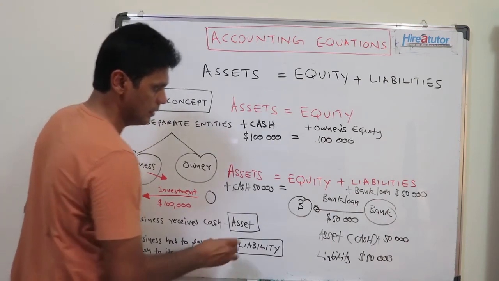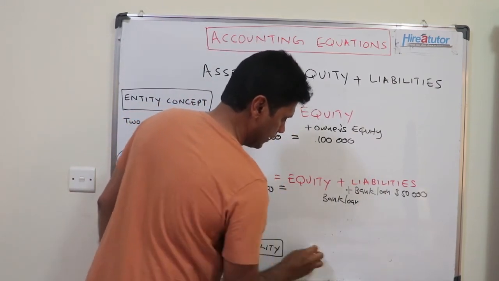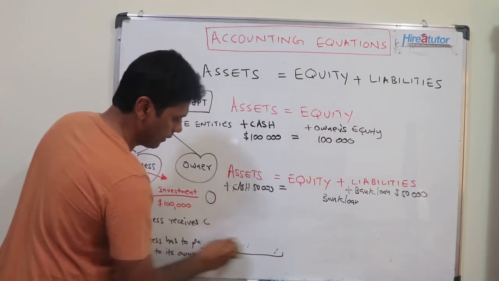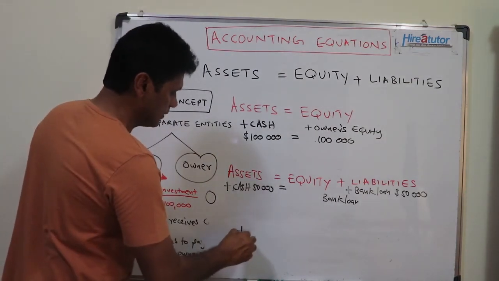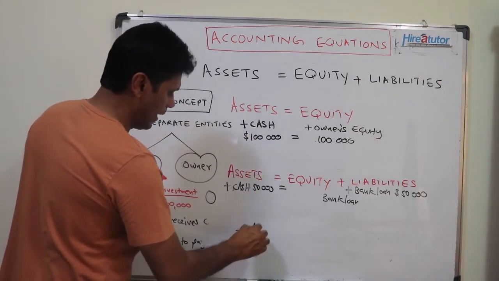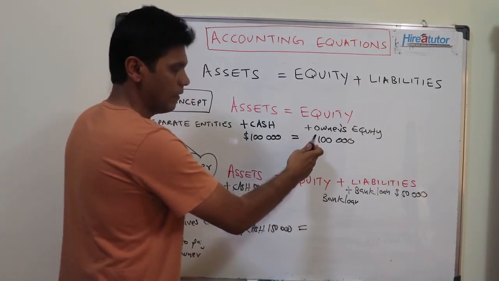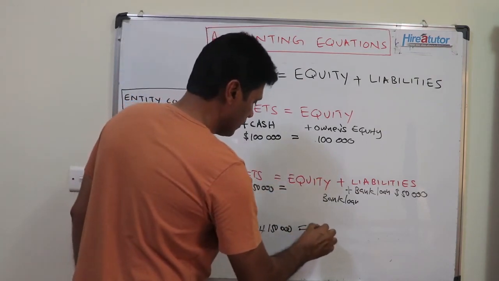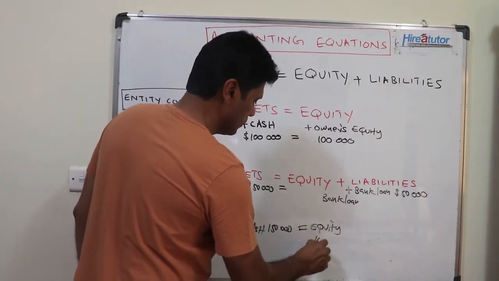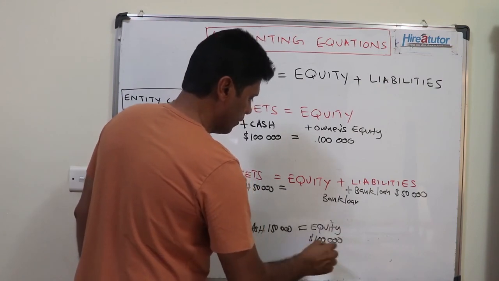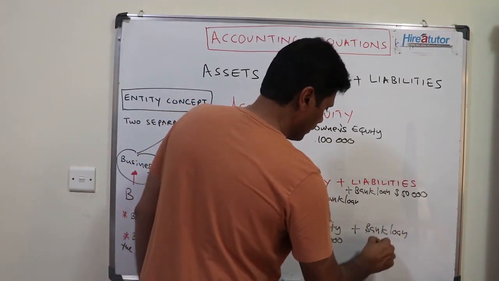If you summarize, the total cash balance under assets will be 100,000 plus 50,000, which is 150,000. This is equal to the equity of $100,000 plus your liability, the bank loan, of 50,000.